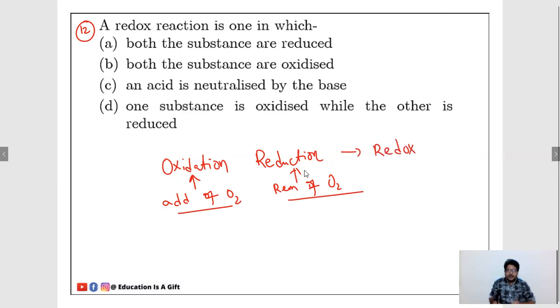Here, both substances are reduced? No, one should be reduced, one should be oxidized. Both substances are oxidized? No. An acid is neutralized by the base? No. Here one substance is oxidized while the other is reduced. So you have to find oxidation and reduction at the same time, that is redox. The answer is D.